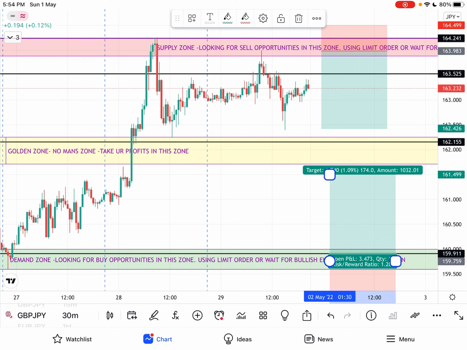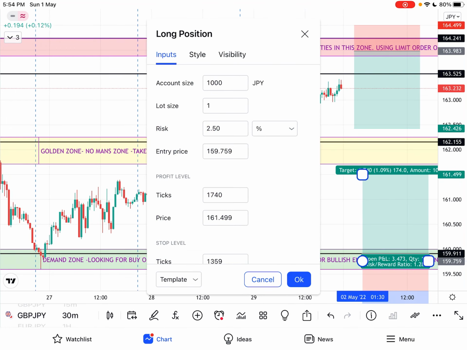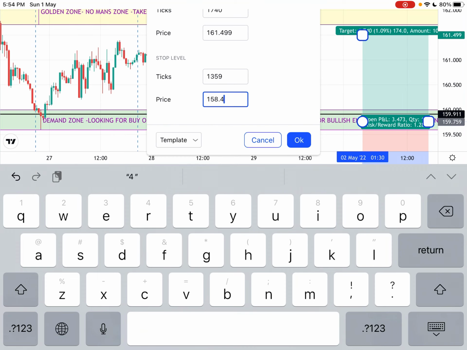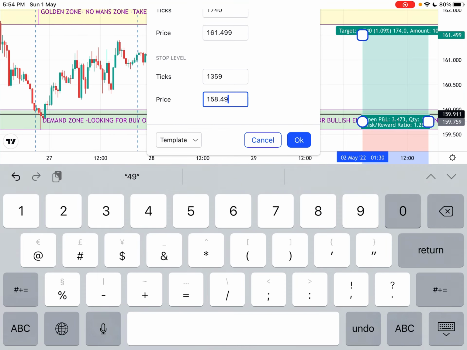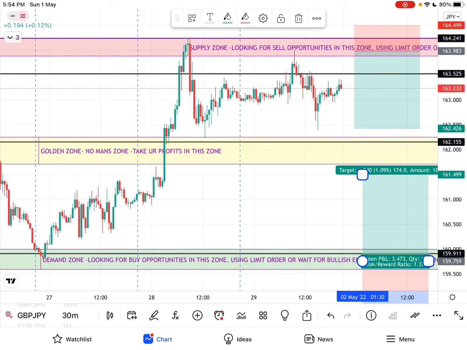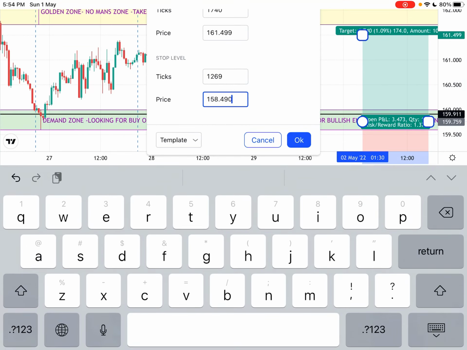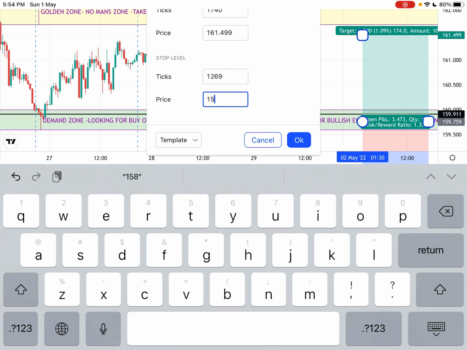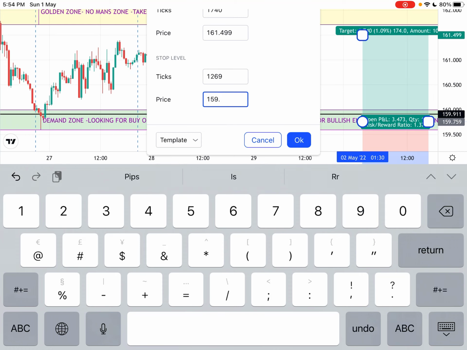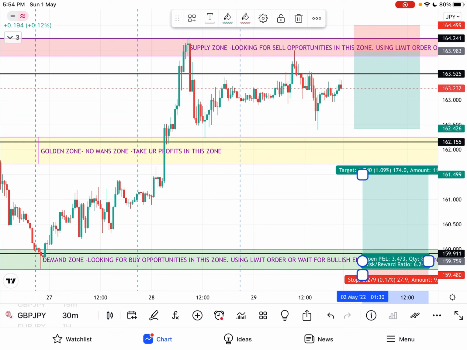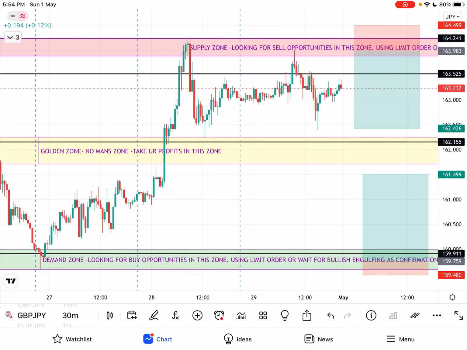Let's adjust this. Our stop loss 159. Now let's give it some breathing room.